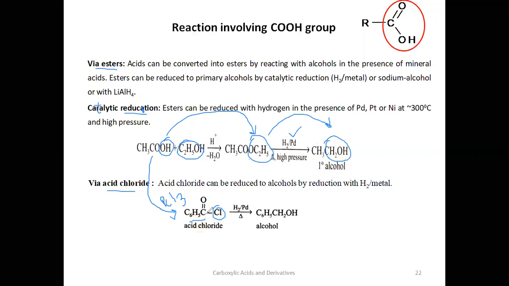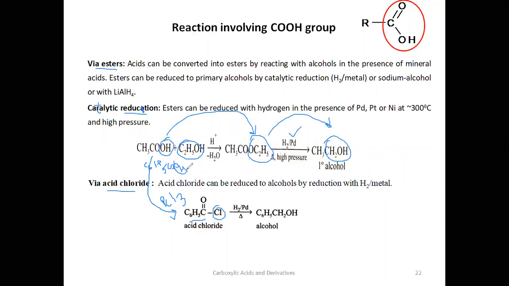What is this acid here? C6H5, it is formed from C6H5COOH, from this acid, benzoic acid.